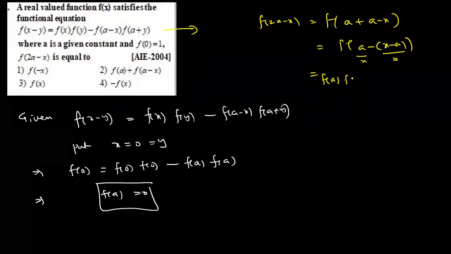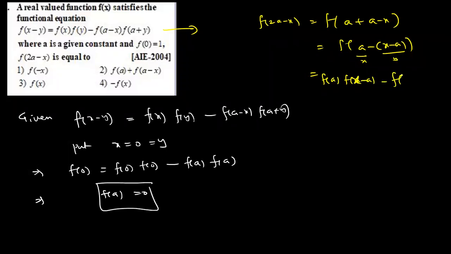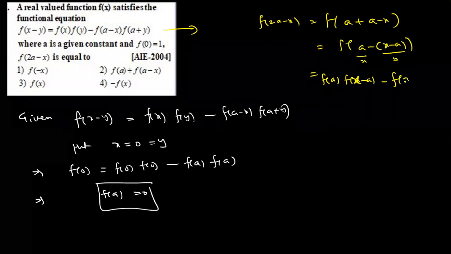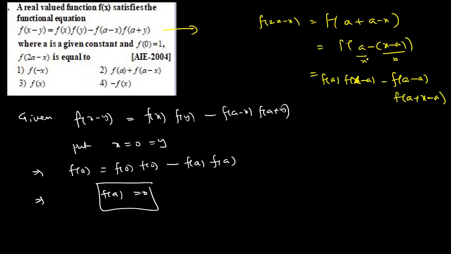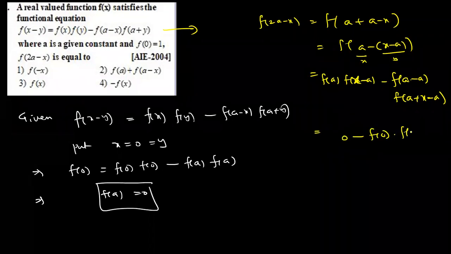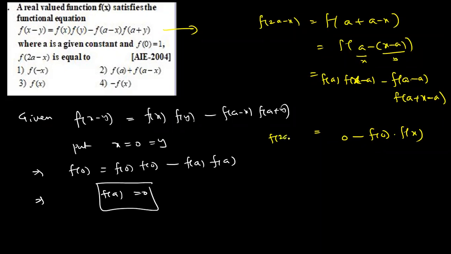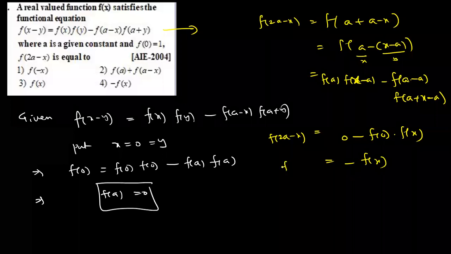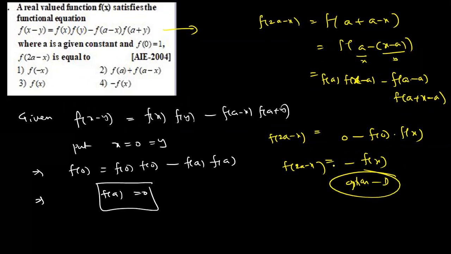So f of a into f of a minus (x minus a), that is f of a into f of (a minus x plus a)... because this is the y, this is the x. So f of a is how much? 0. F of 0 is how much? 1. That means minus f of x is coming. So option is D.